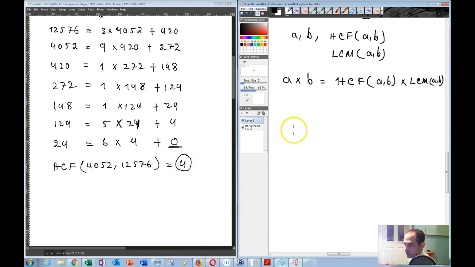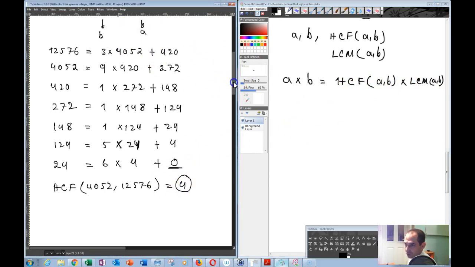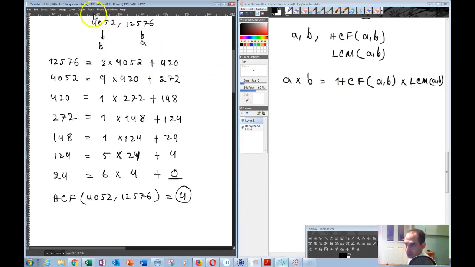For example, in this case, the two numbers that you had were 4052 and 12,576. The HCF was 4.